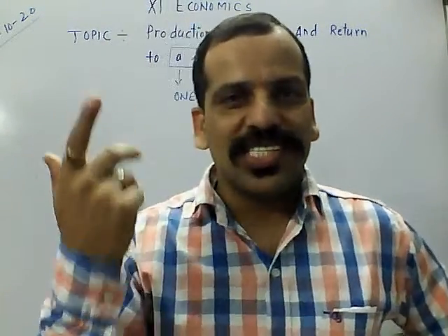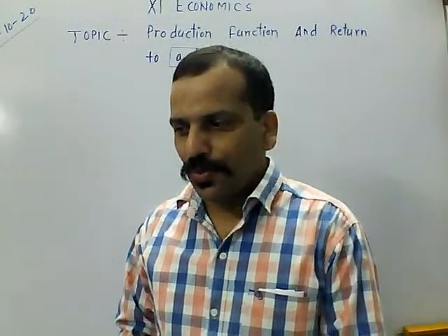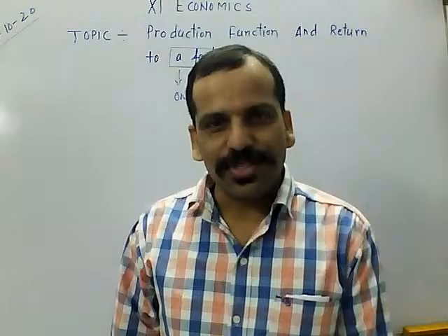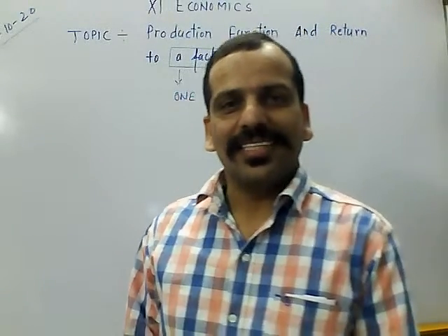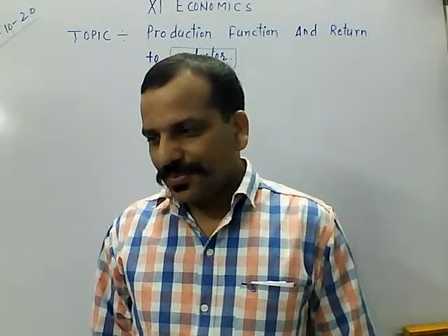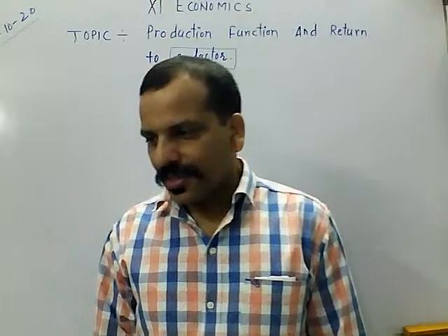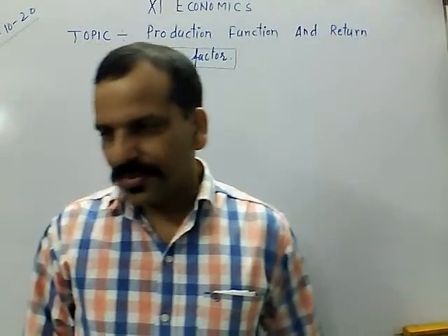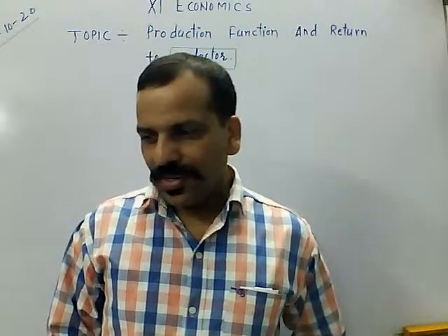How many factor productions are there? Let me know, please. How many factor productions are there, my dear students? You might have studied in class 9th or 10th. Please let me know. Four?